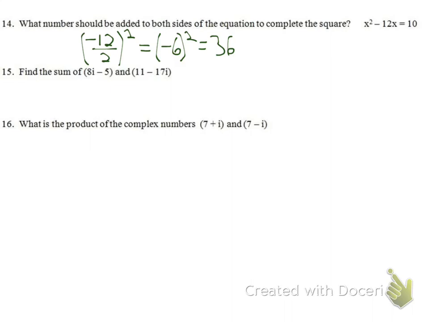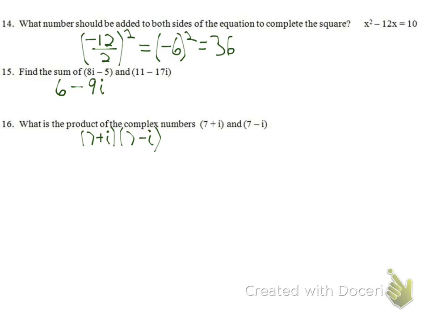Number 15, we need to find the sum, so we're going to add like terms. If I have negative 5 and 11, that gives me 6. 8 and negative 17i gives me negative 9i, so it's 6 minus 9i. Number 16, I have 7 plus i, and looking to multiply by 7 minus i.